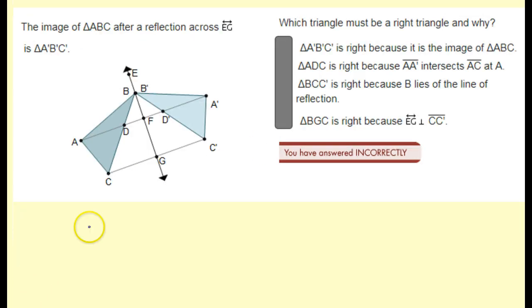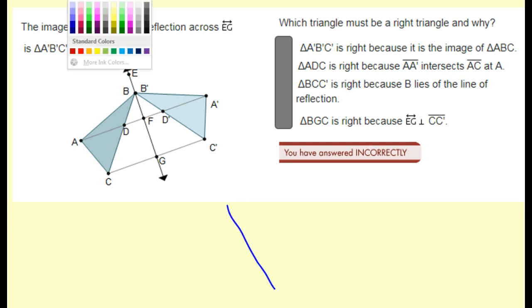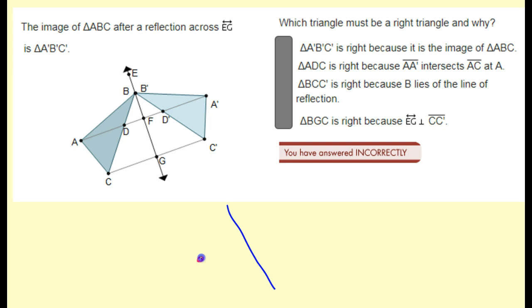In this problem, they're asking us which triangle must be a right triangle and why. Before I answer that question, please understand that when you do a reflection, okay, say that this is my original point P, and then I want to do a reflection over this blue line, so it's going to end up over here somewhere, and this is going to be the image P prime.